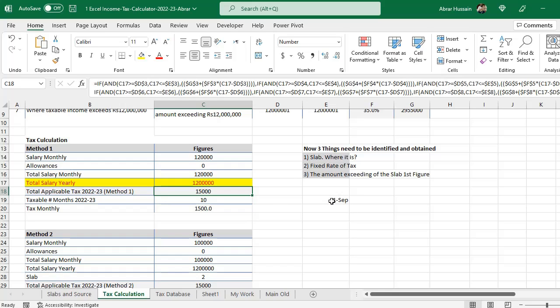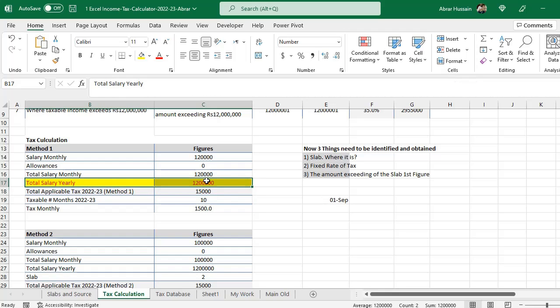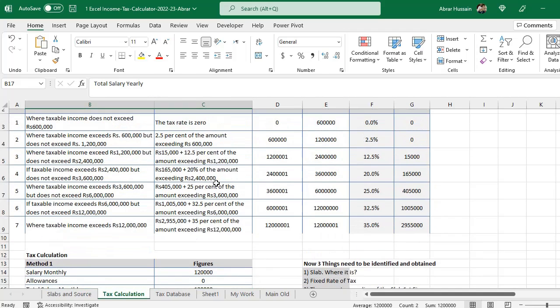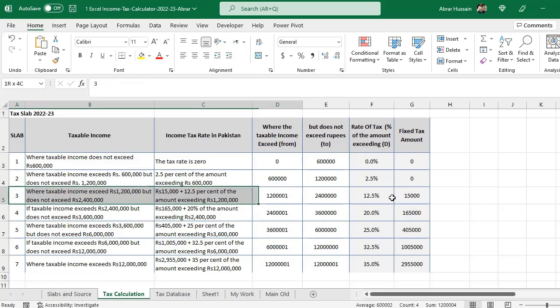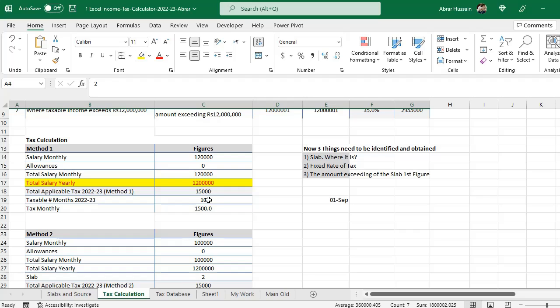And when you deduct those 2 months, your yearly salary is 1.2 million. So the slab, which was this one, is now this one, because you are under this amount due to the 10 months calculation, because you are only for 10 months in that position.